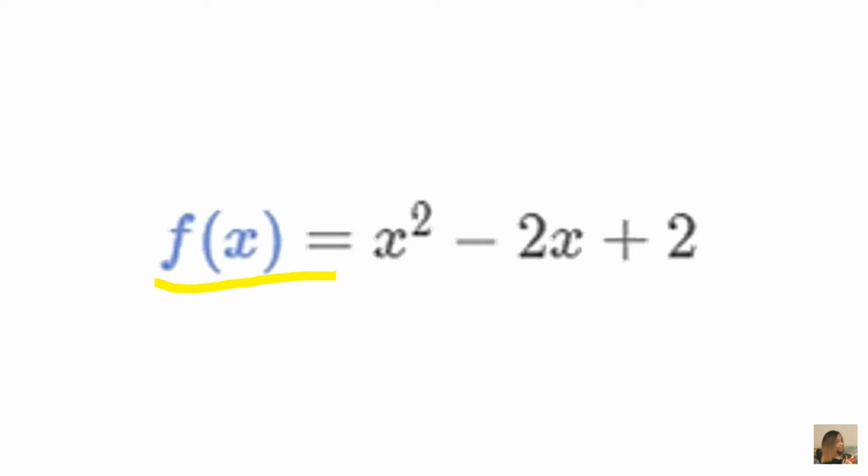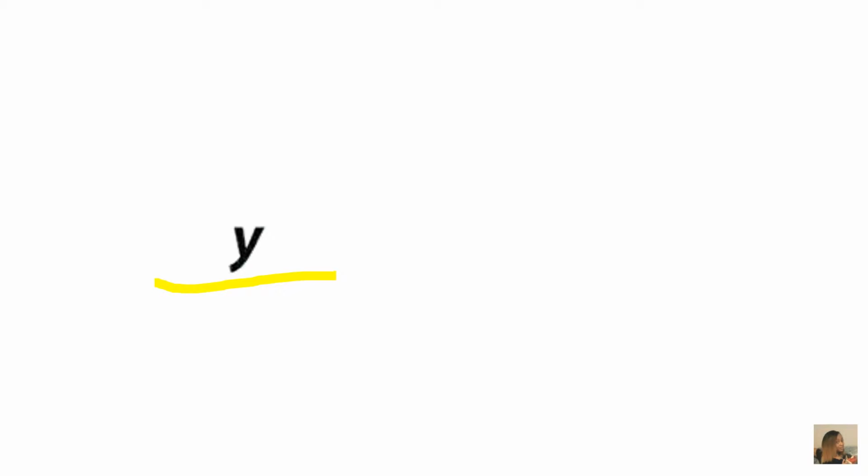So here goes. I'm going to show you first what vertex form looks like. So we have y, or if you want, you could pretend that this says f of x, is equivalent to a, and a tells us whether the parabola is concave up or concave down.